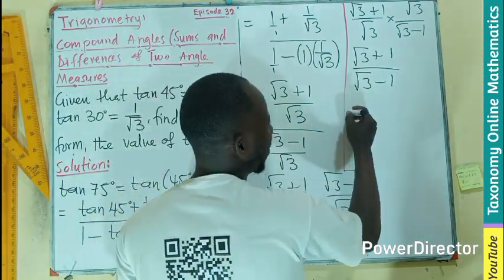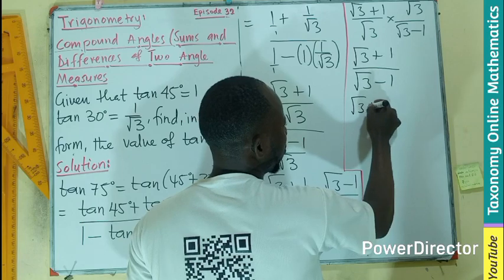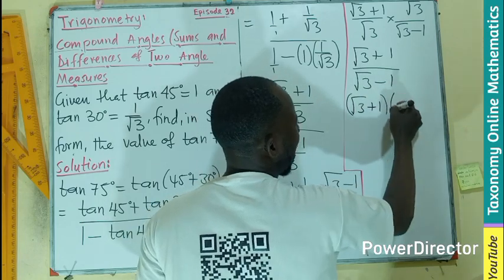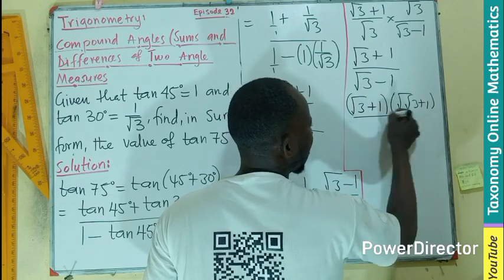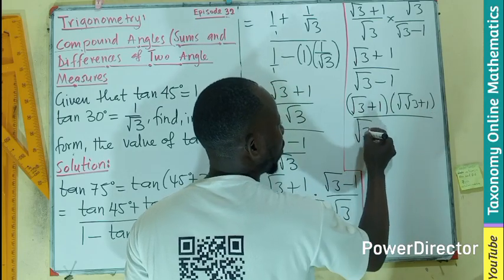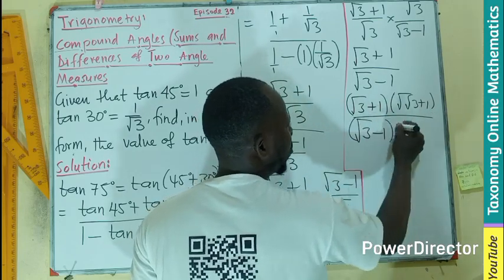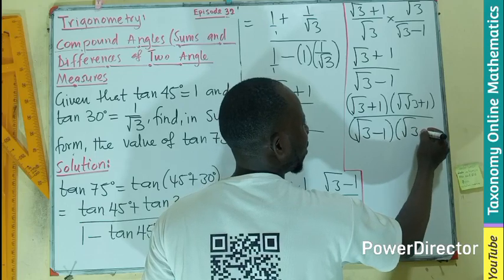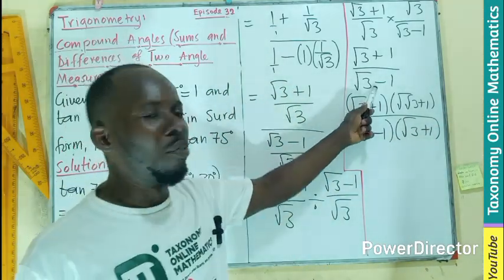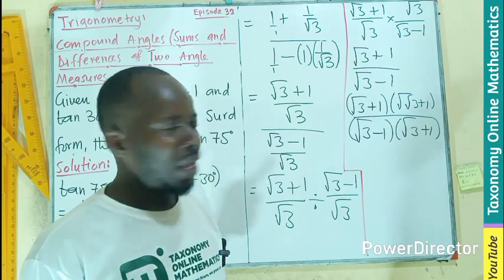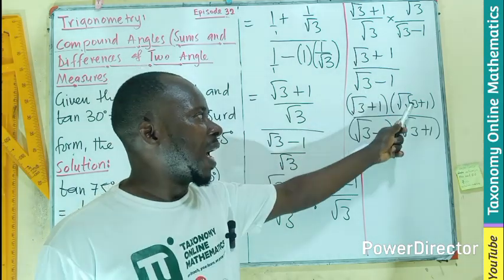So this becomes the root of 3 plus 1 times the root of 3 plus 1, divided by the root of 3 minus 1 multiplying root 3 plus 1. Remember, the conjugate of the denominator is what we use in multiplying. So this is negative, hence the positive.